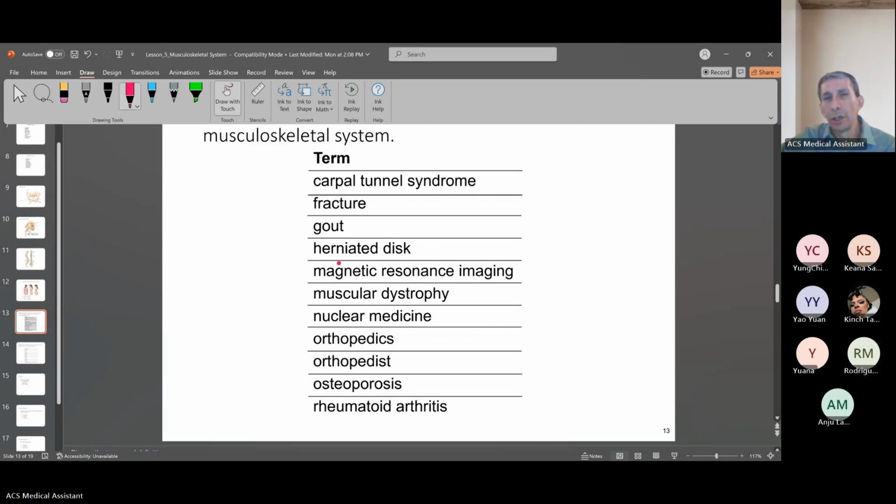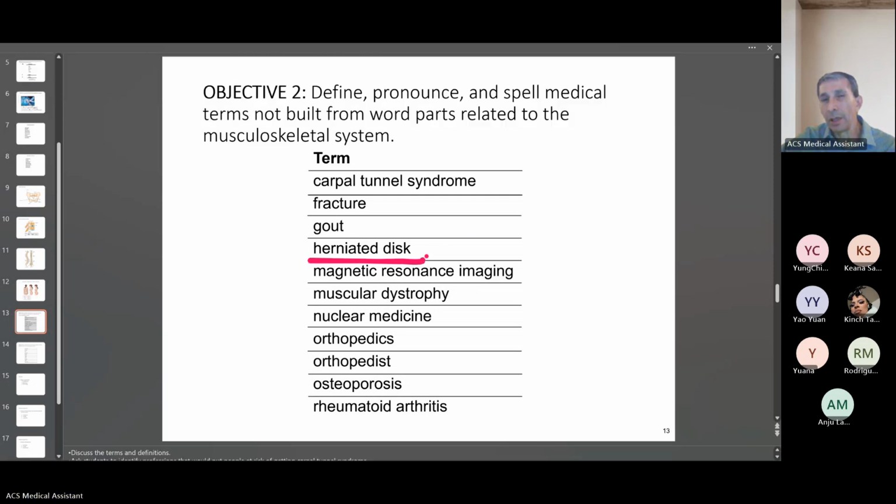Okay. Herniated disc. I already explained it to you in the picture prior to this. Herniated disc is when the disc that is in between these vertebrae moves out. Because the spinal cord passes through it, now you're going to impinge the nerve right here, and it's going to irritate it.